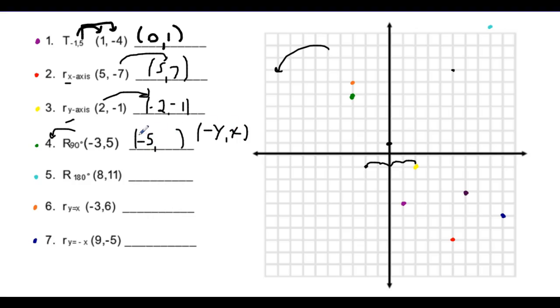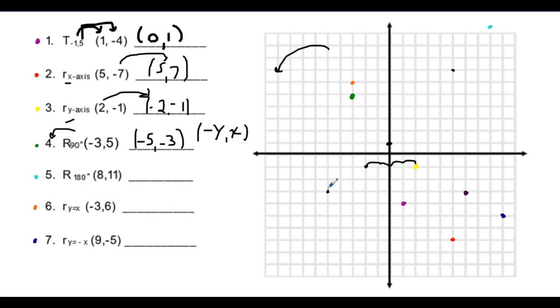The regular x, which was -3, just moves to the back. The ordered pair becomes (-5, -3). So that green point would be 1, 2, 3, 4, 5, 1, 2, 3. That would end up right about here when I rotate it 90 degrees. And if you turned your paper, I'm sure that's where it ended up.